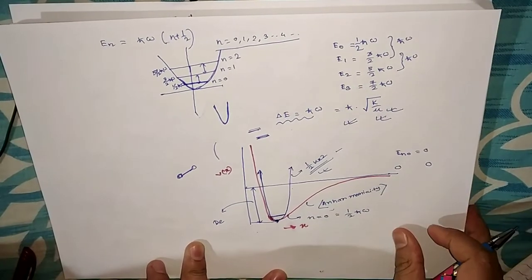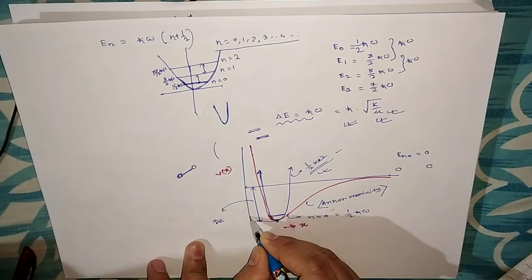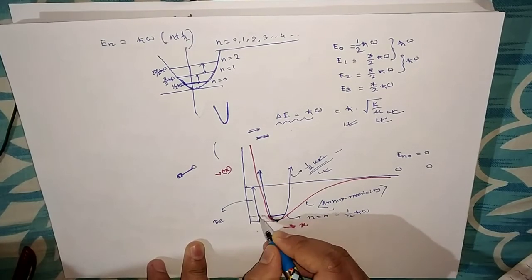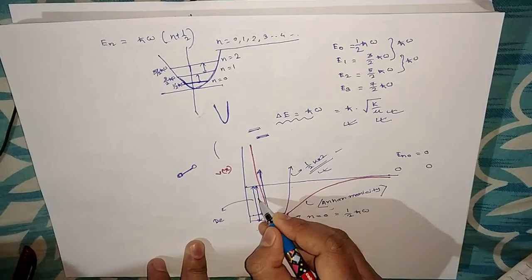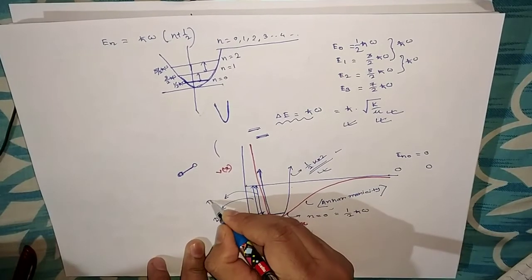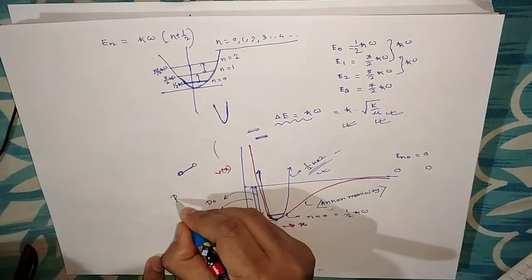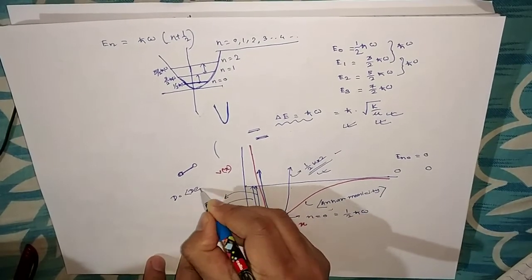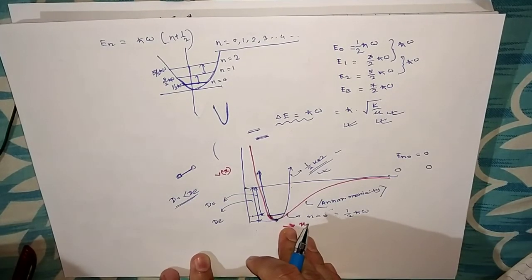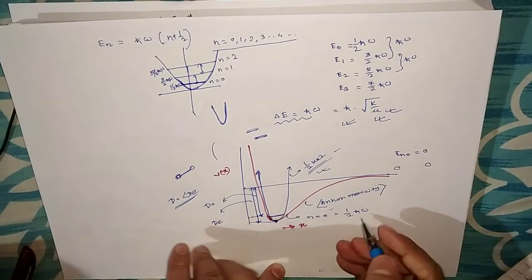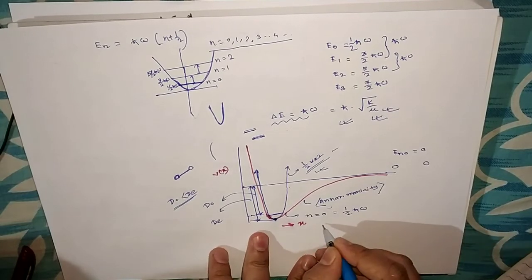But as our system is already above this energy level, we have to supply D0 amount of energy instead of D E. So D0 is less than D E. So we have to supply a smaller amount of energy. This is because there is some 0 point vibrational energy.